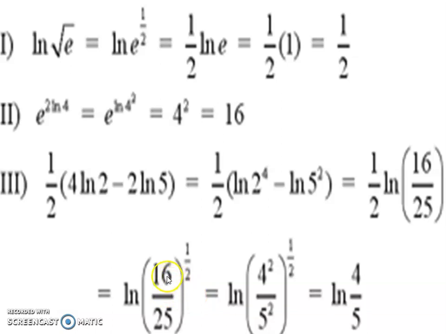So we convert 16 to 4 square and 25 to 5 square, and the square and the 2 cancel. The answer is ln 4 upon 5.